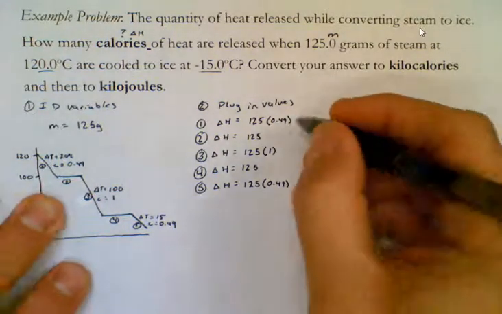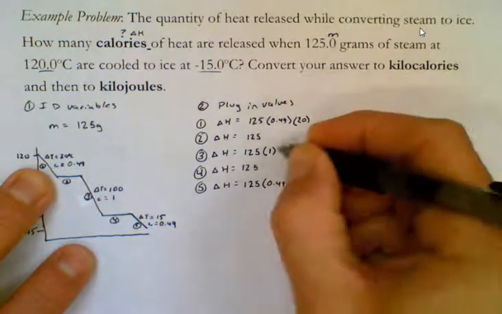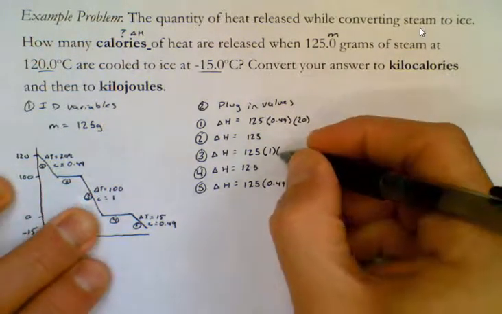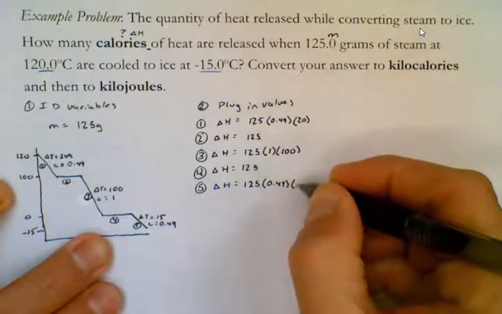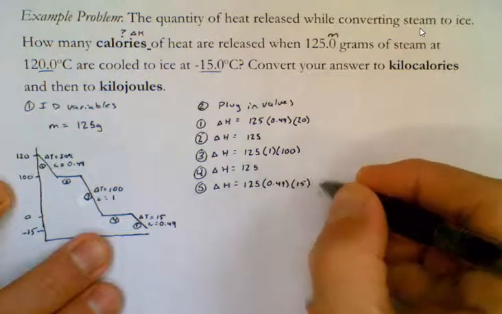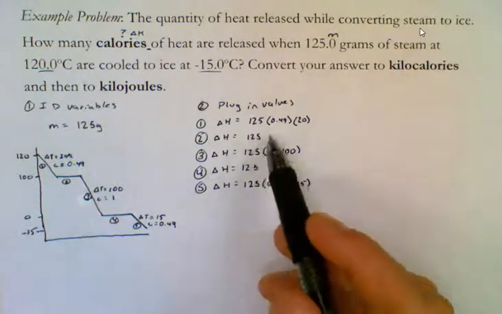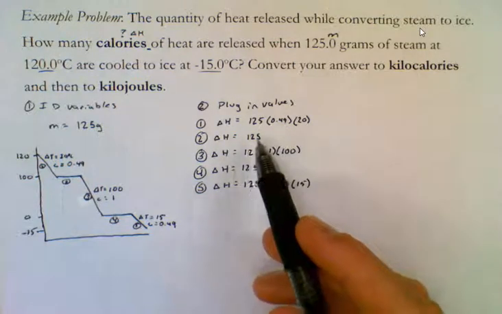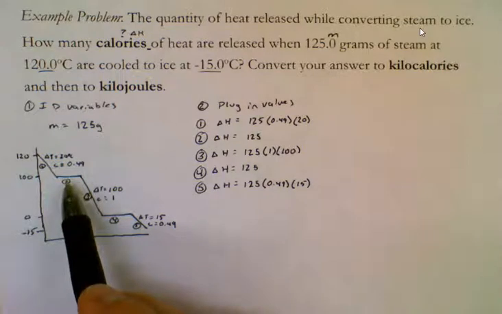And then your delta T's, we did 20 for phase 1, for phase 3, we did 100, and then for phase 5, we did 15. So phases 2 and 4 then are going to be multiplied by the constant value for the heat of fusion and vaporization.